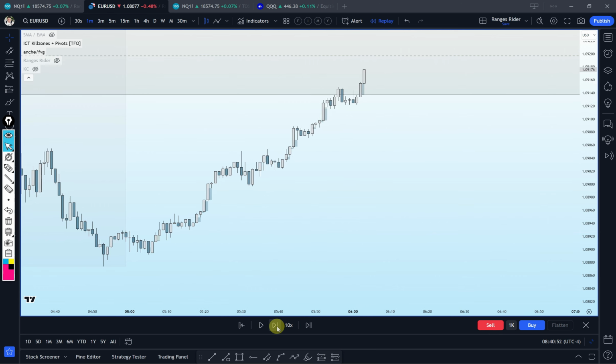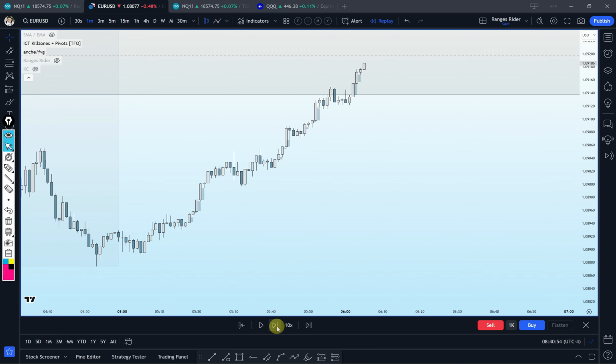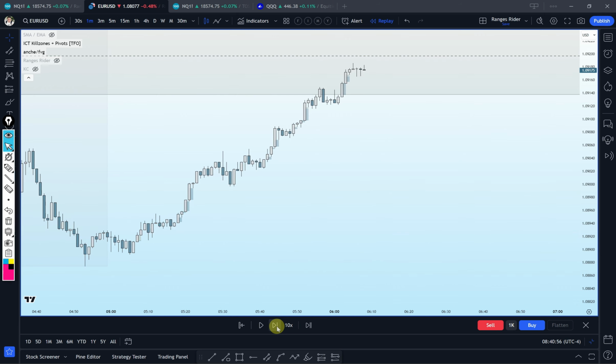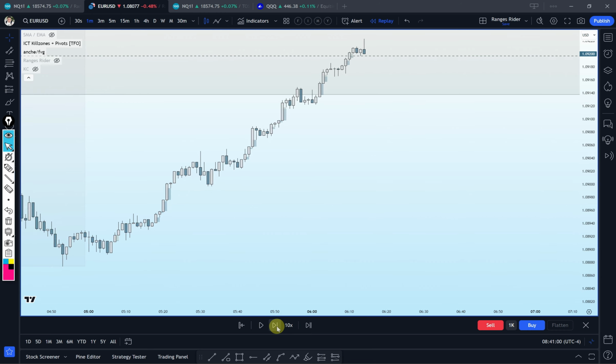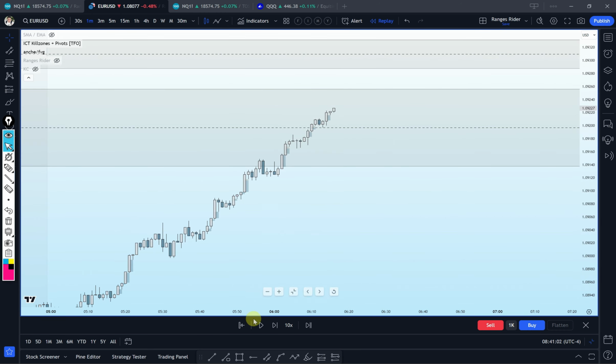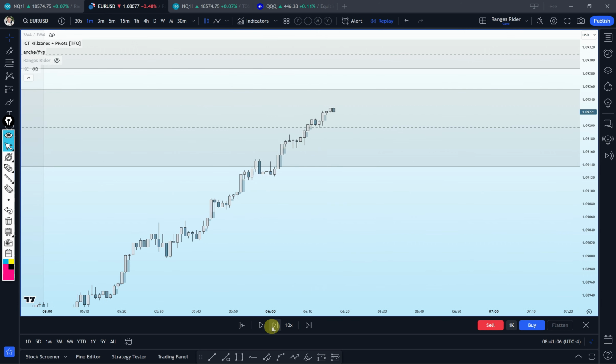And for the confirmation entry, we are looking for a high, and that high will confirm with the QM, and the price is still inside the fair value gap.